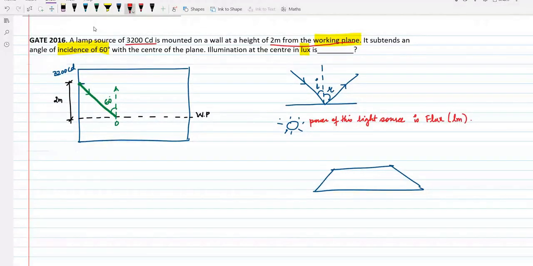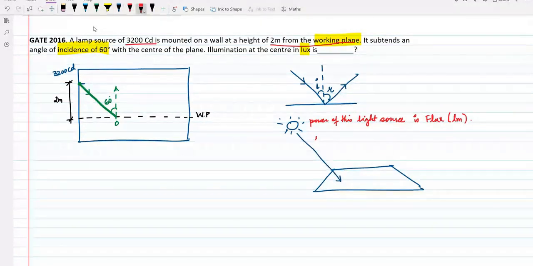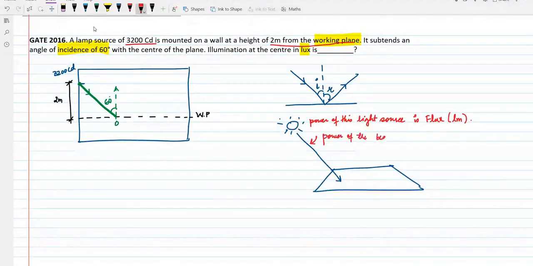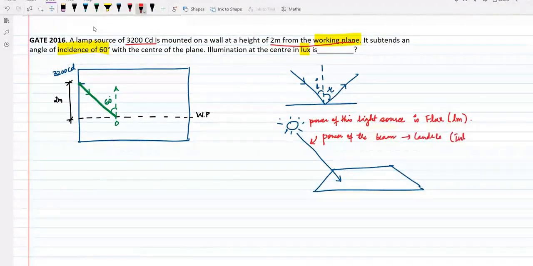Then this beam of light falls on this particular plane. So the power of this beam is measured in candela. Basically, the intensity of the beam.